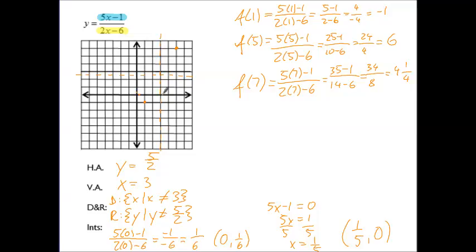So at positive 7, which is just the edge of our coordinate plane, we have a point which is slightly above 4. Okay, that should do it for sketching our hyperbola. Here is our left arm, and here is our right arm.